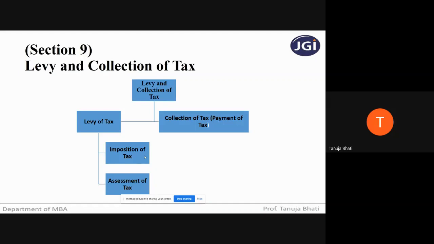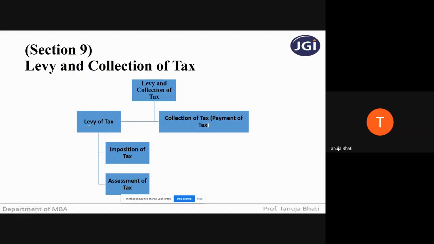Along with the product, he is going to give you an invoice, where he is going to impose the tax, correct? And secondly, he is also going to assess the tax. Suppose the product has 18% GST, he is going to calculate 18% on the value of the product that you have purchased, assess the tax and give you the invoice amount.